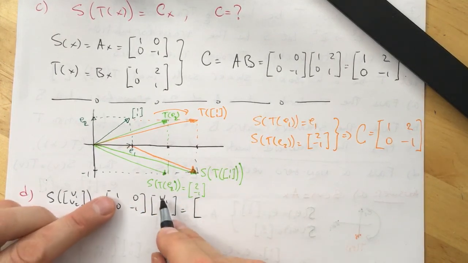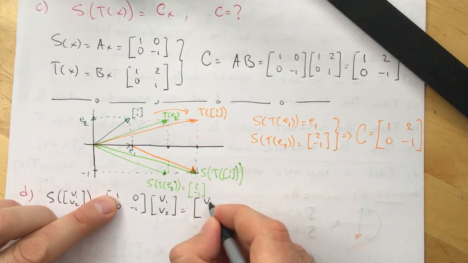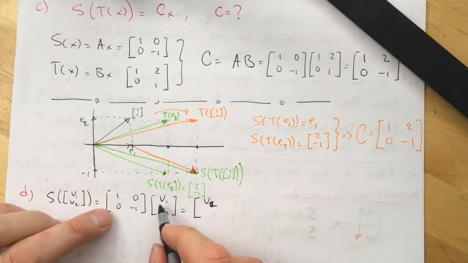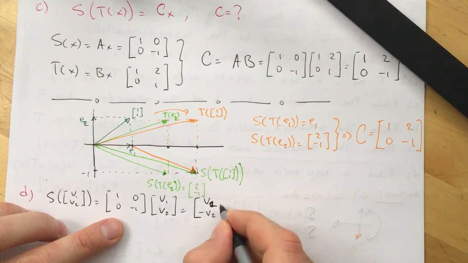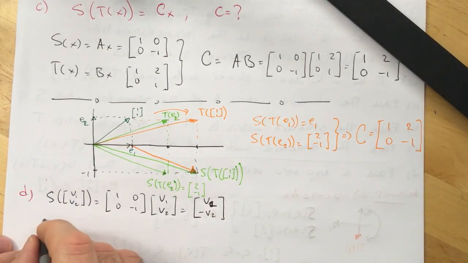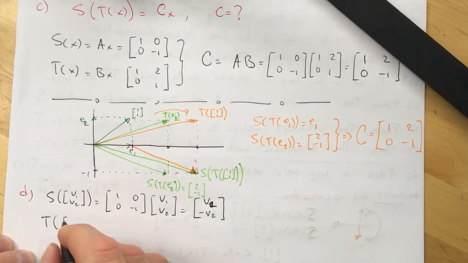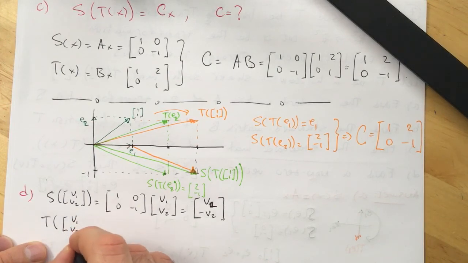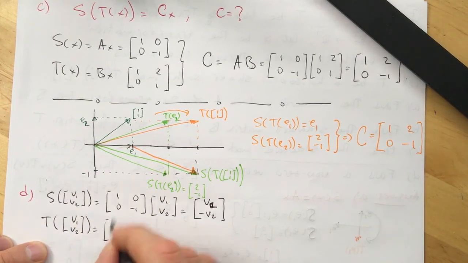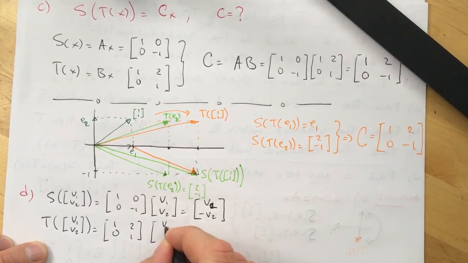If you do this multiplication, that's v1, and then 0 times v1 minus v2. On the other hand, T applied to this vector (v1, v2) is equal to [[1, 2], [0, 1]] times (v1, v2).